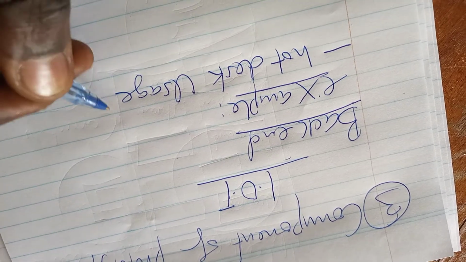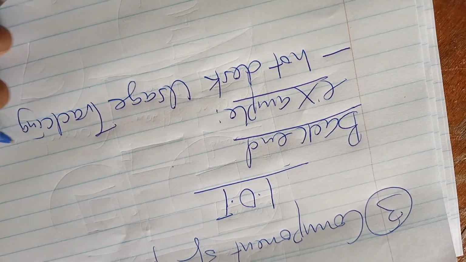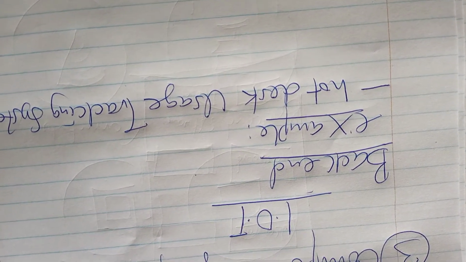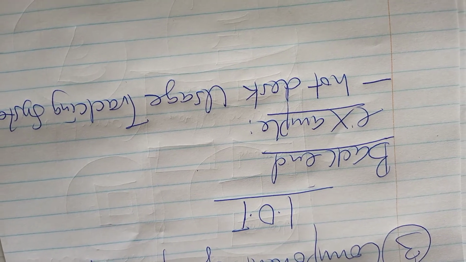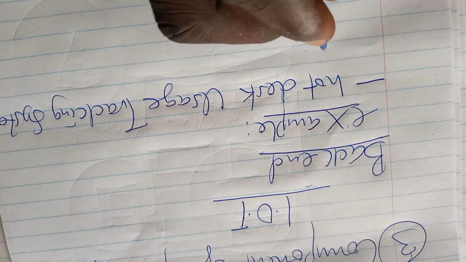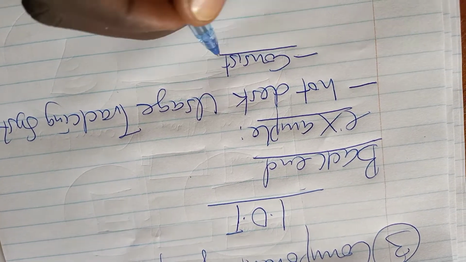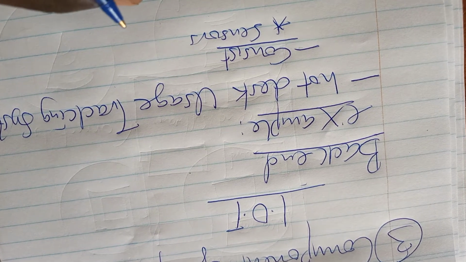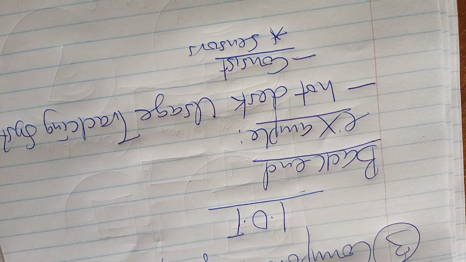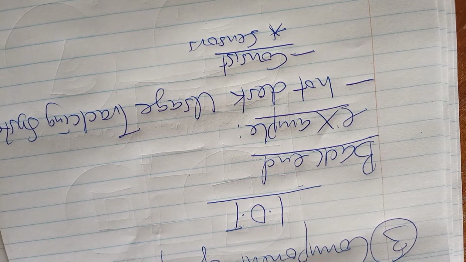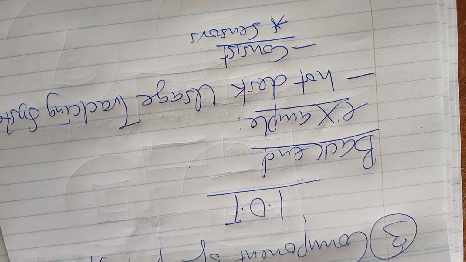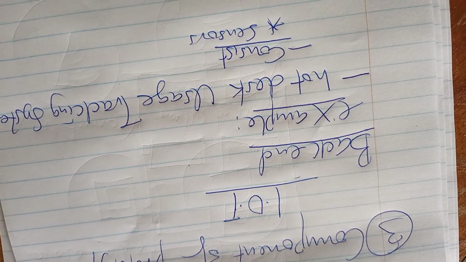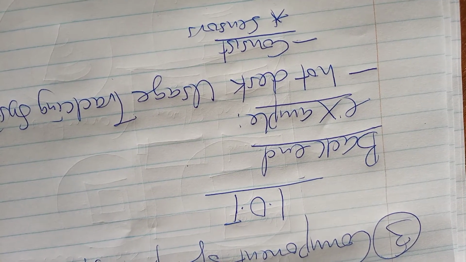Now here, the hot disk usage tracking system consists of sensors that are attached to disks, and they collect the data, and that computes the statistics, for example, that are shown in the user interface.